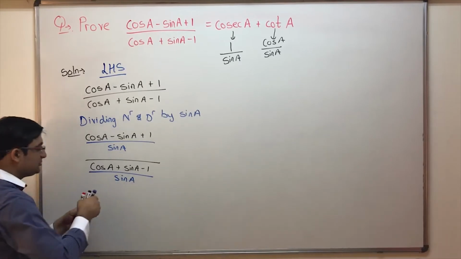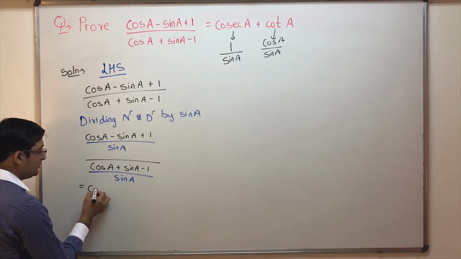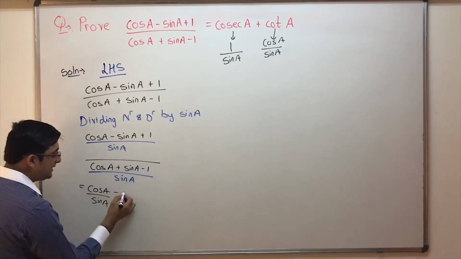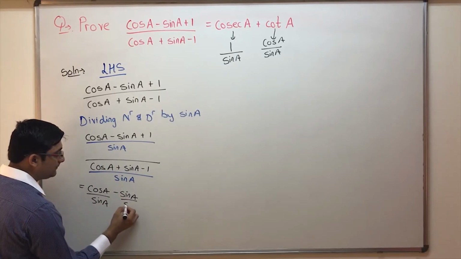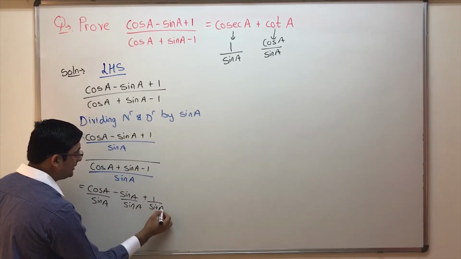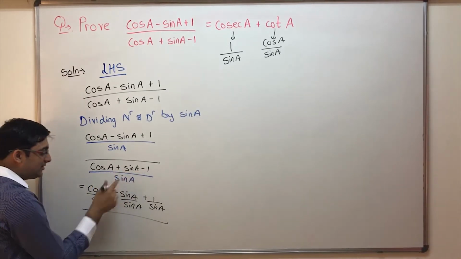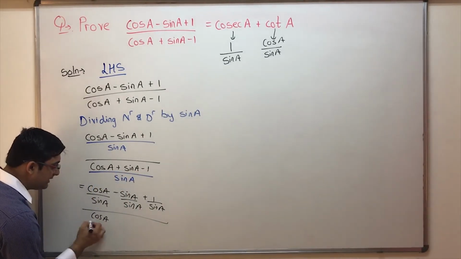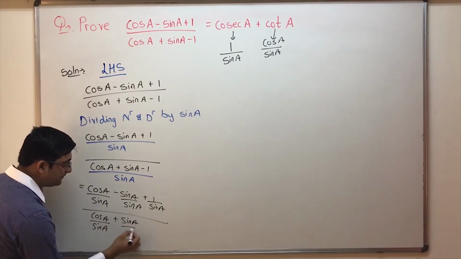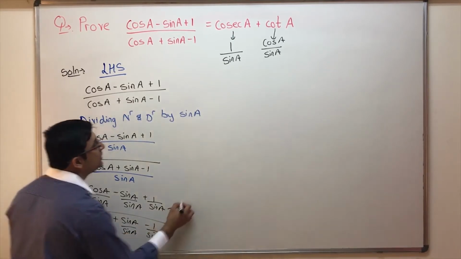Is this clear? So see, what do we get? We'll split the numerator. So this is equal to cos A by sin A minus sin A by sin A plus 1 by sin A. Is this clear? Upon, same thing over here, cos A by sin A plus sin A by sin A minus 1 by sin A. So I'll continue this over here.